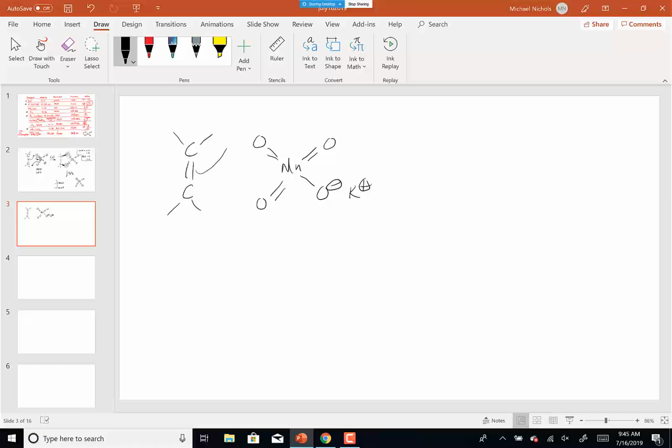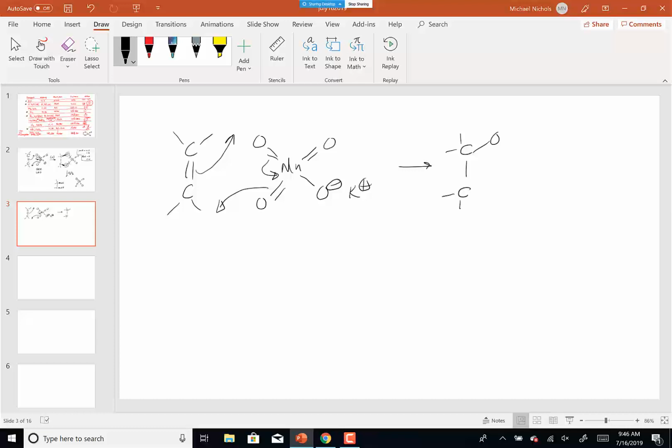It's going to go, pair of electrons moves from the double bond to form the C-O bond. Pair of electrons moves into the manganese, therefore reducing it, and then the pair of electrons from the manganese-oxygen double bond is going to go out to form the 5-membered ring. So potassium permanganate does exactly the same thing mechanistically.